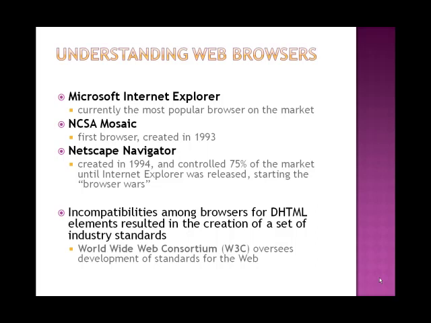Netscape maintained its control of the browser market until 1996, when Microsoft started entering the market, and then the so-called browser wars started, and the two giants, Microsoft and Netscape, fought over controlling the browser market.